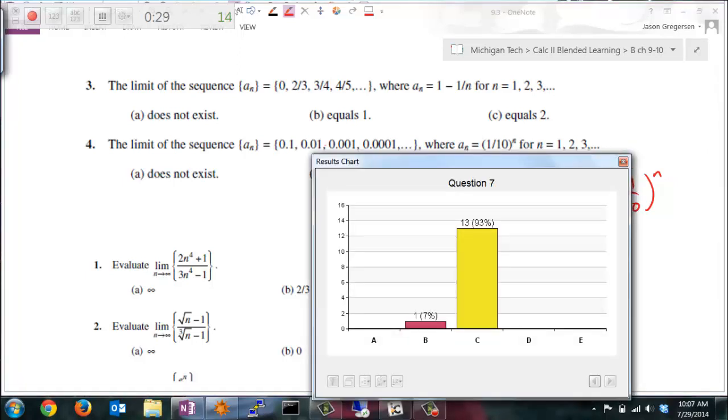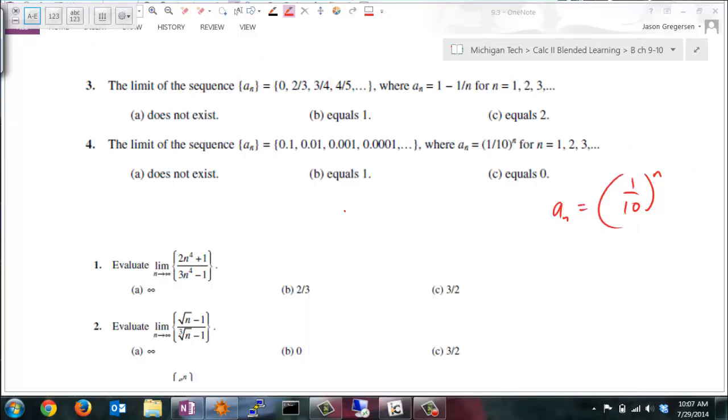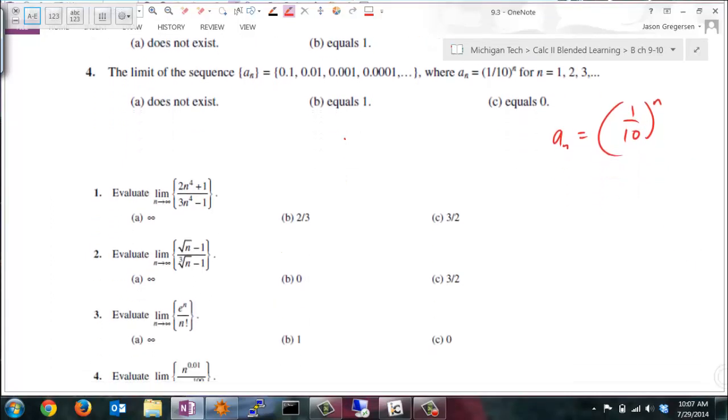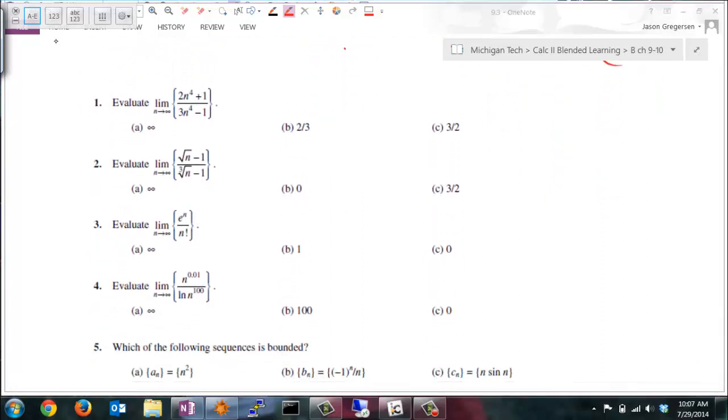Alright, that one converges. Excellent. Alright. Look at some of these down here. What about this one? What happens to that sequence?